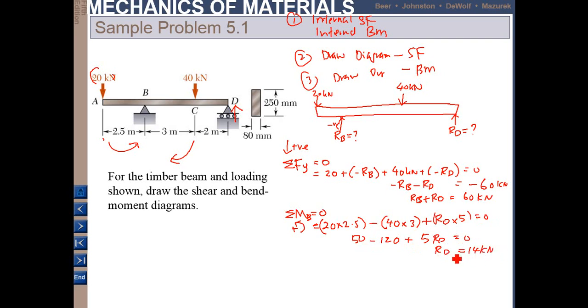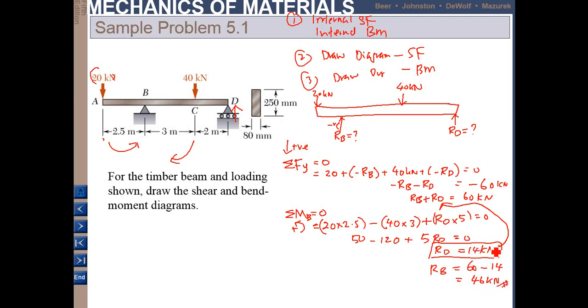So when RD is equal to 14 kilonewton, you put this into the equation, and you will get RB is equal to 60 minus RD, in which RD is 14, so you get 46 kilonewton.